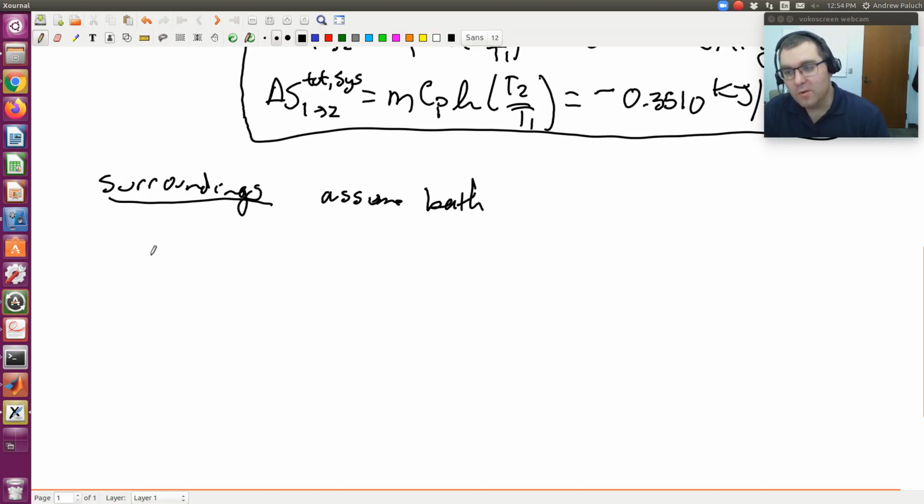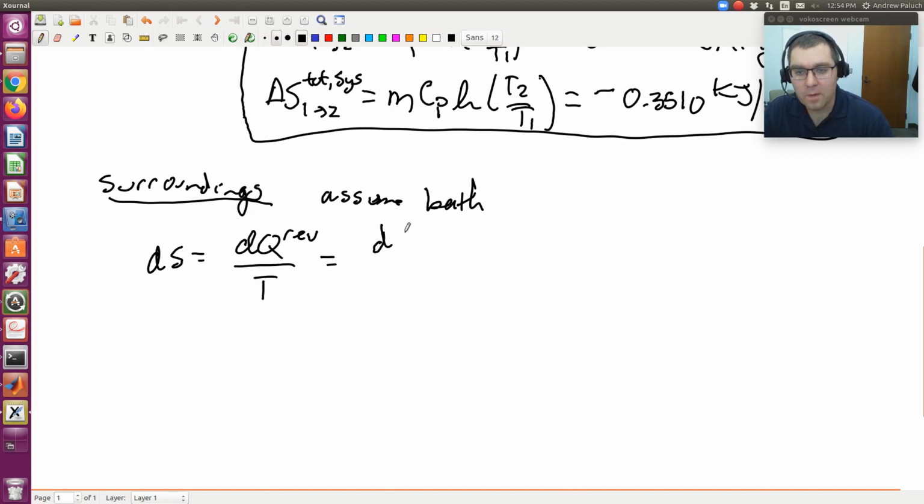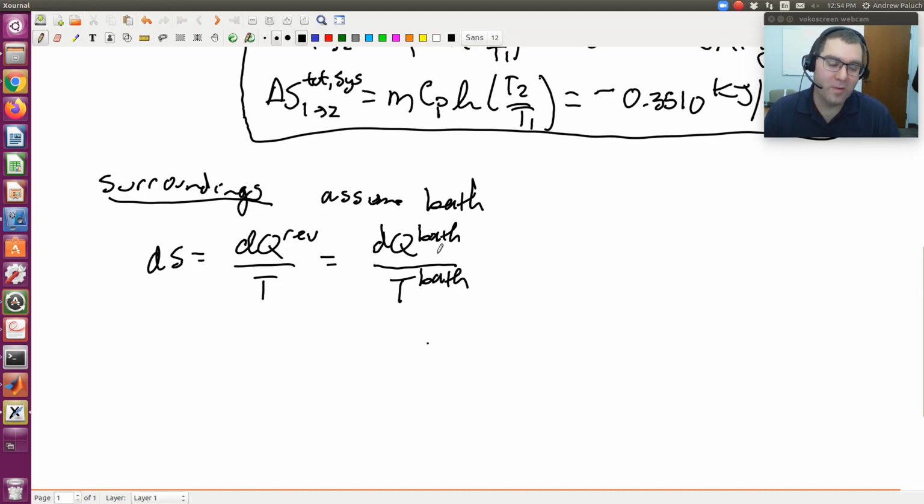So the definition of entropy is dS equal to dq reversible over T. Now when I'm talking about my bath here, this is dq of my bath, and this is the temperature of my bath. Well, what is the heat absorbed or given up by the bath?